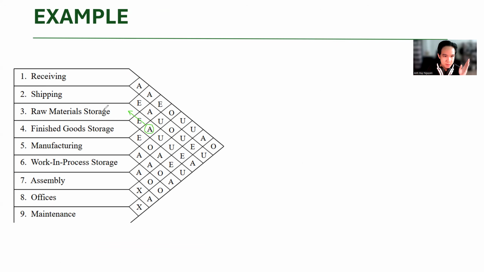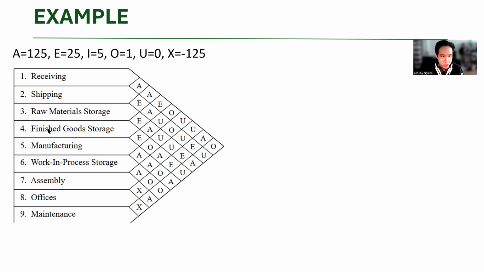Oh, so it's related to department 3 and department number 5. Between department 3 and department 5, these two departments have an A relationship. The same here, trace back to number 3 and number 8. That's how we read the relationship diagram.